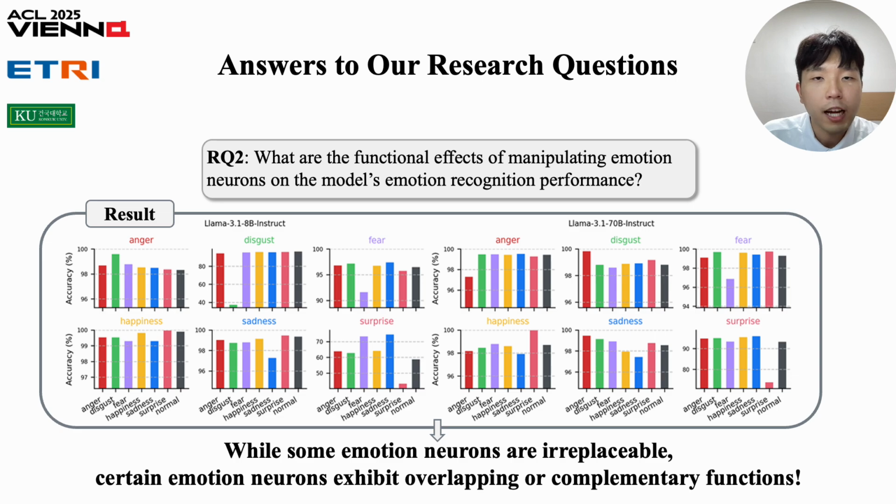However, for happiness, masking causes almost no performance drop. This suggests its function is more distributed or other neurons can compensate. So for RQ2, yes, they are functional, but their roles differ. From irreplaceable specialists to members of a complementary system.